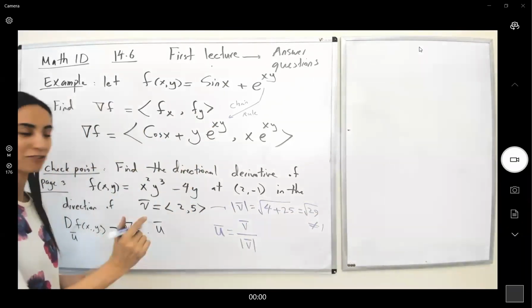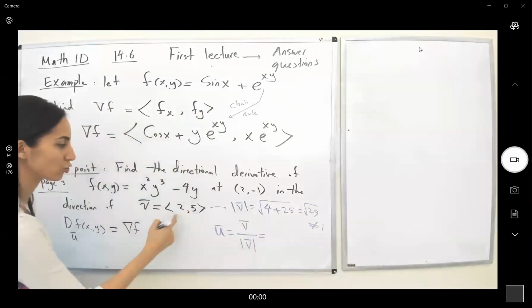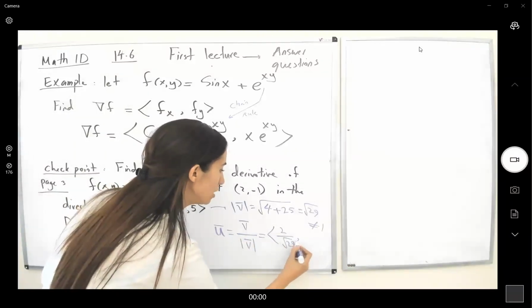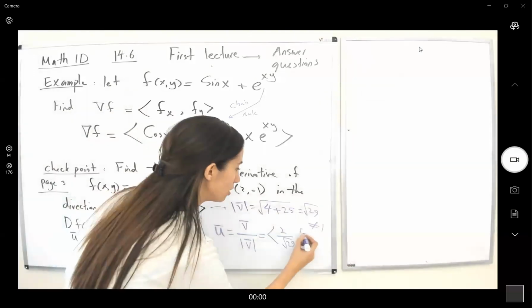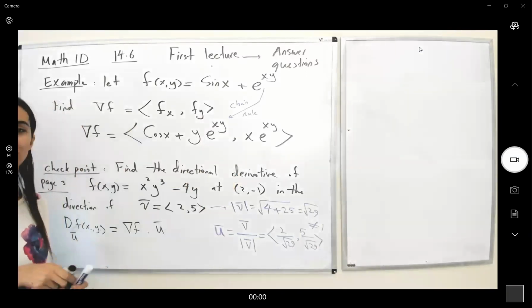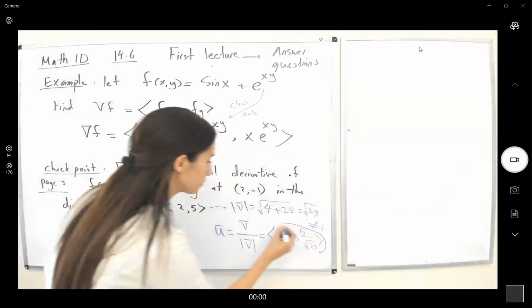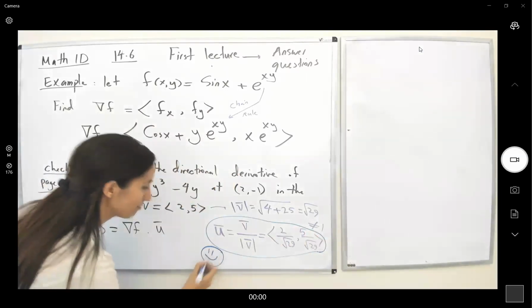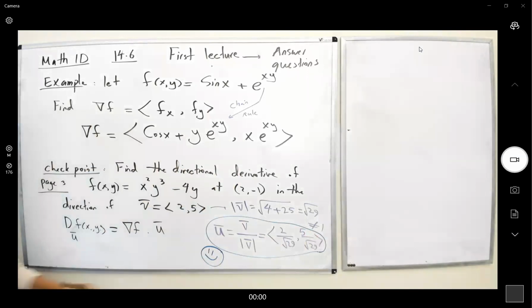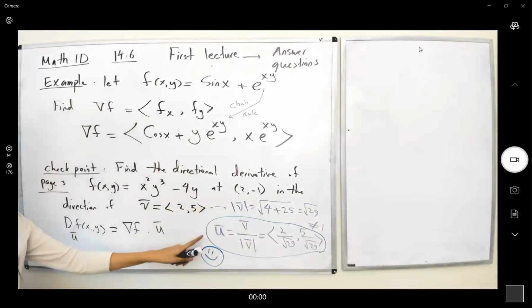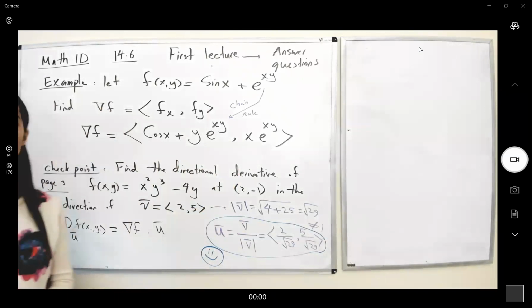This is a unit vector. The first coordinate is 2 divided by square root of 29 and 5 divided by square root of 29. This is the unit vector that you're going to use. We're sad because the length of the vector wasn't 1, so it wasn't a unit vector. We have to rescale the vector to get a unit vector.